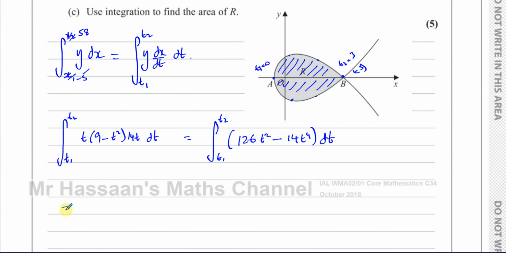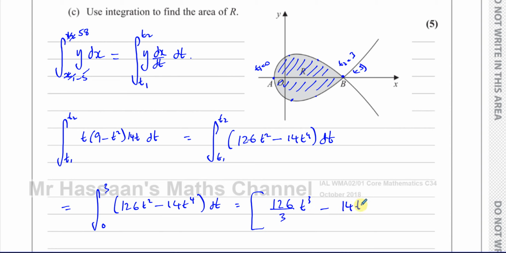So if I take my limits between 0 and 3 and I integrate this, I have 126t squared minus 14t to the power 4. Is that supposed to be t squared? Yeah, t to the power 4 dt. Then if I integrate it, 126 is going to be t cubed over 3, minus 14t to the power 5 over 5, with the limits between 3 and 0.